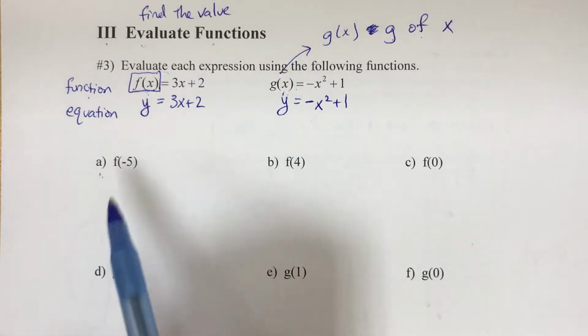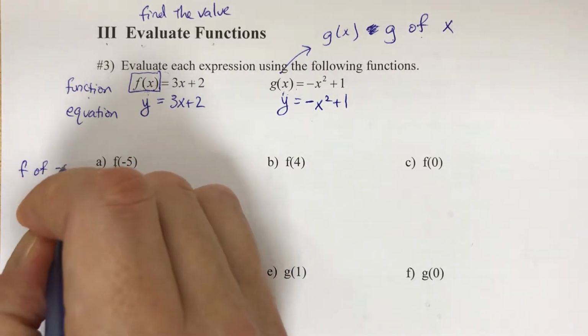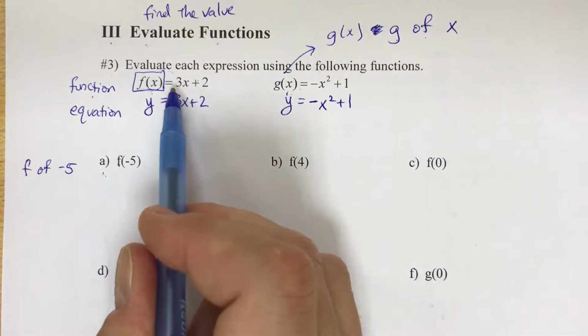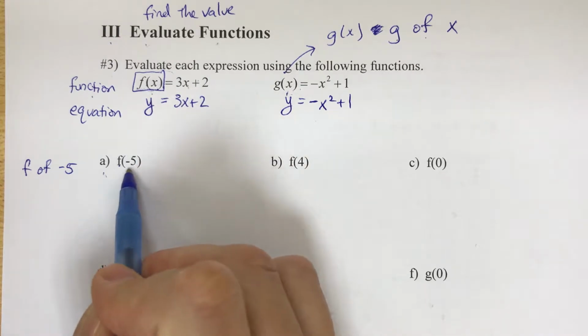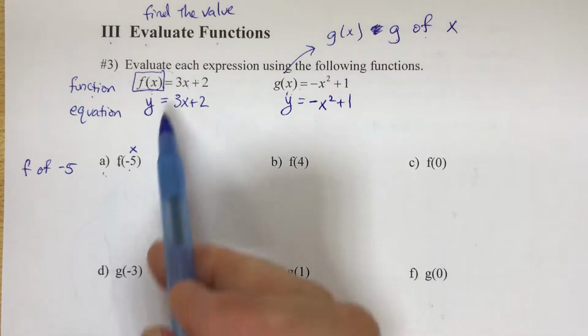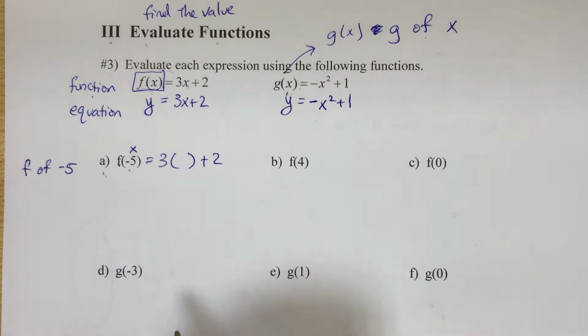Now in part A, they say f of negative 5. What they're saying is to take the f function, but instead of the letter x, the variable, now they're giving us a specific value to substitute. They're telling us, take negative 5 and evaluate the function for that.